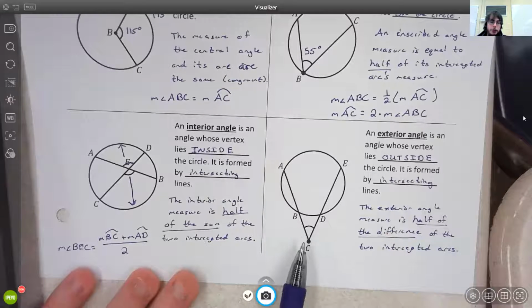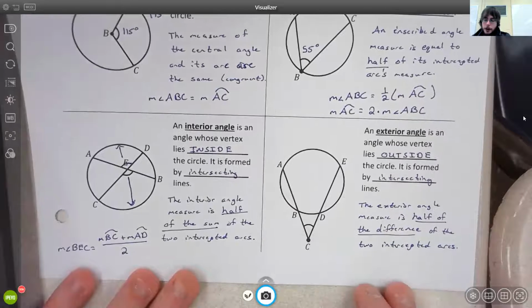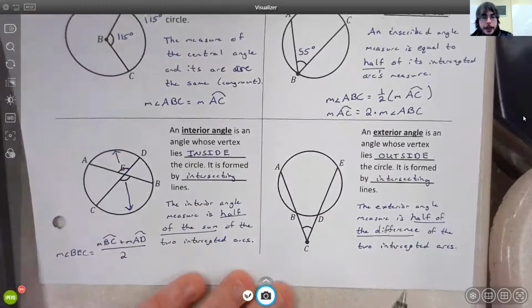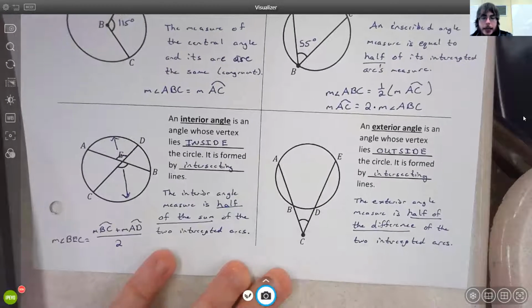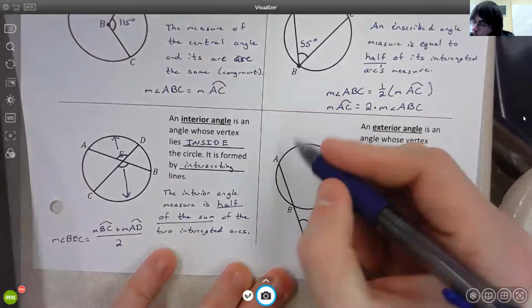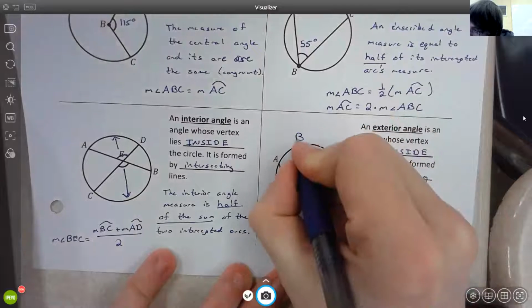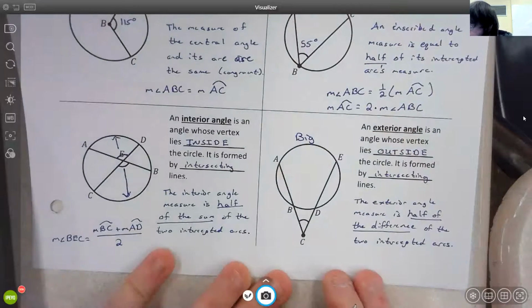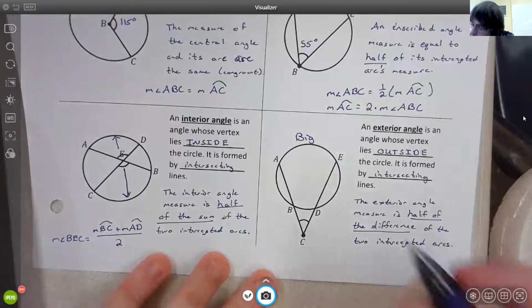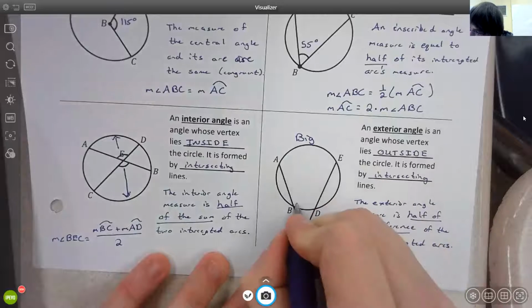Okay. Now, an angle measure here is not going to be negative. Okay, so it has to be positive. So that means that we have to take the bigger arc and subtract the smaller arc. So what is your bigger arc that is intercepted that's associated with angle C here? Well, your big arc would be AE, and your small arc would be BD.